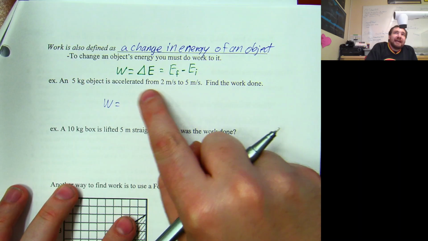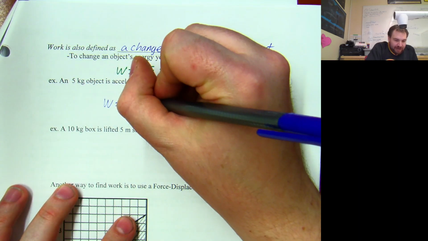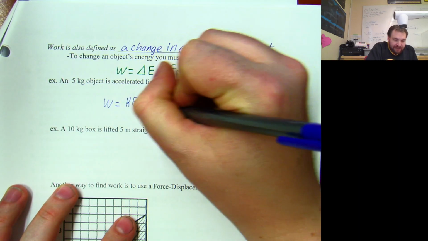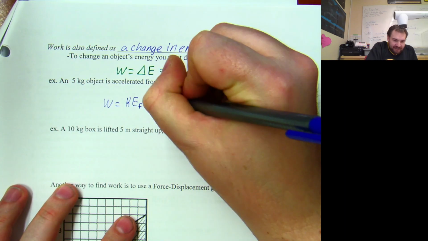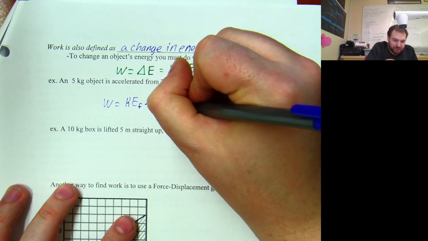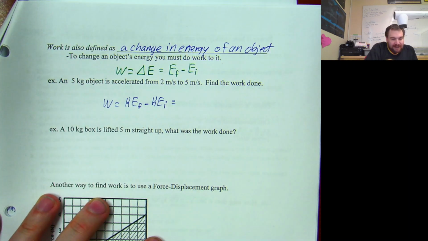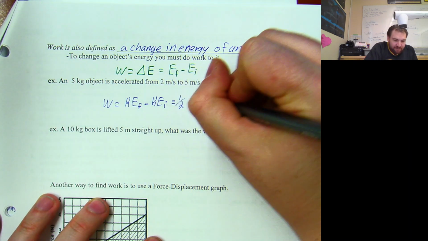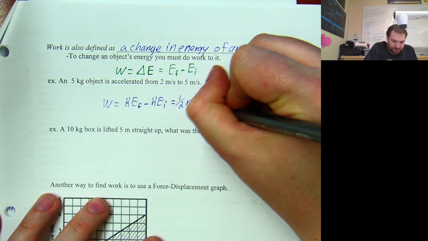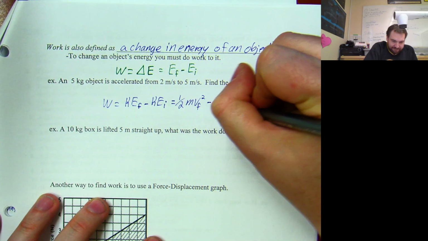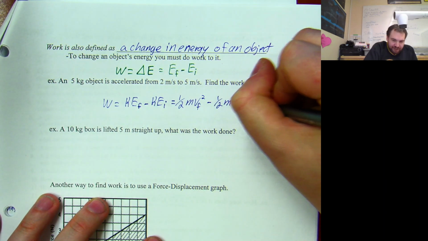The kind of energy it has is kinetic. So we're going to have kinetic energy at the end minus the kinetic energy it started with. To change the kinetic energy of something, you have to do work on it. So my kinetic energy final is just going to be 1/2 mv final squared minus 1/2 mv initial squared.